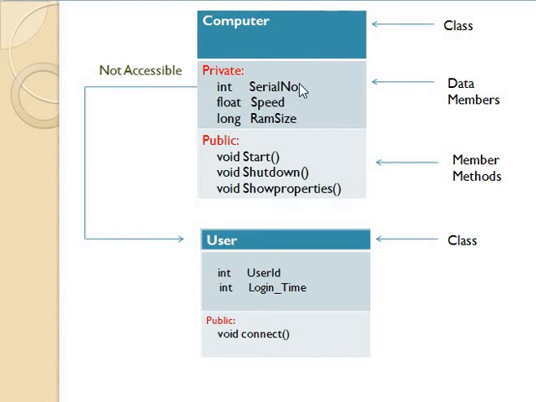This shows that when the data members are declared private, they are encapsulated from any other class outside their own class computer. But when they are declared public, they shall be accessible to any other class declared outside their own class computer.